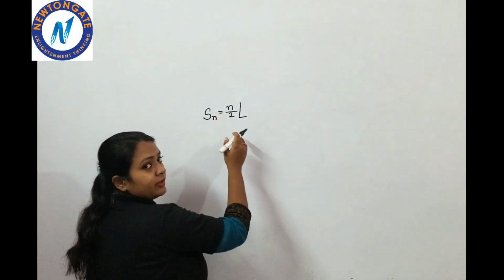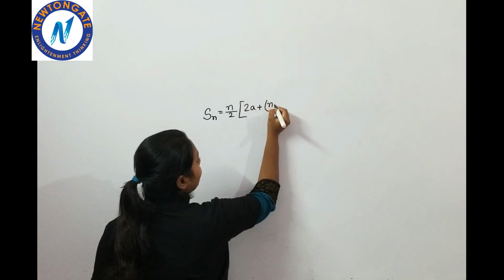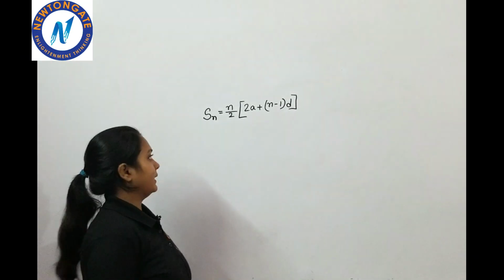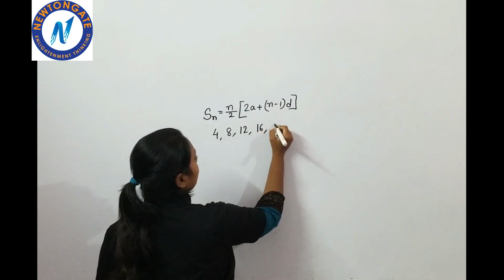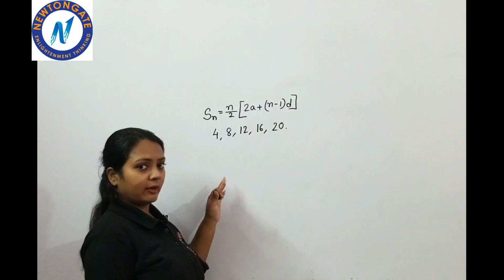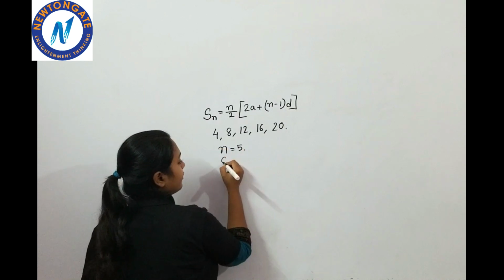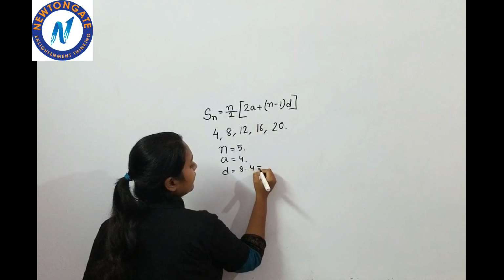Next, come to the next formula. The next formula is how to calculate the sum of an AP. Sn equals n by 2 into 2a plus n minus 1 into d. Let's take an example. 4, 8, 12, 16, 20. This AP contains 5 terms. Then n equals 5 and a equals 4 and the common difference is 8 minus 4 equals 4.